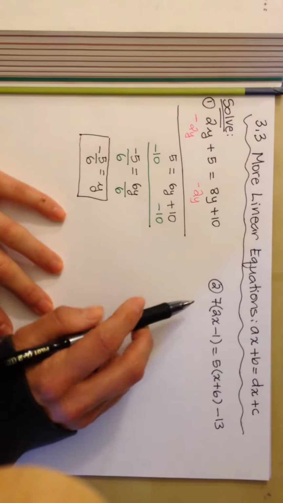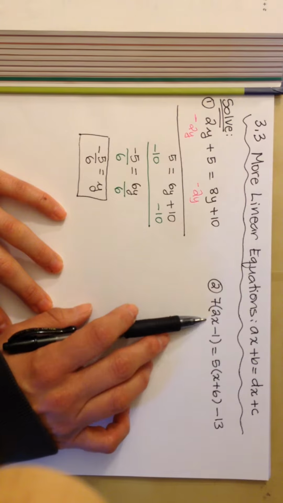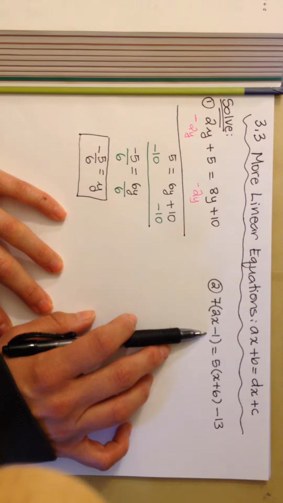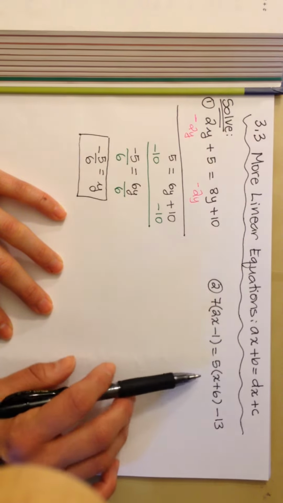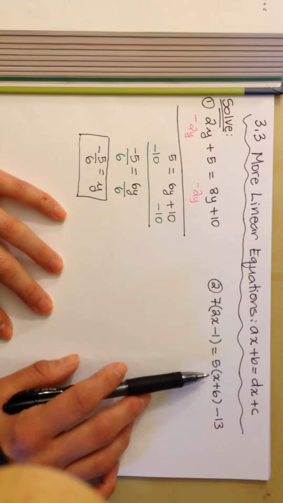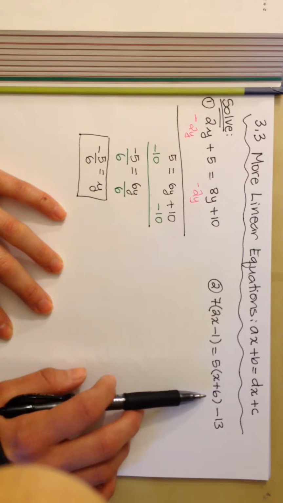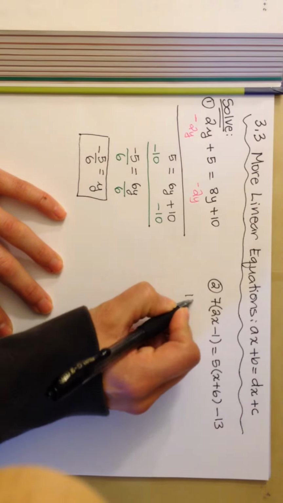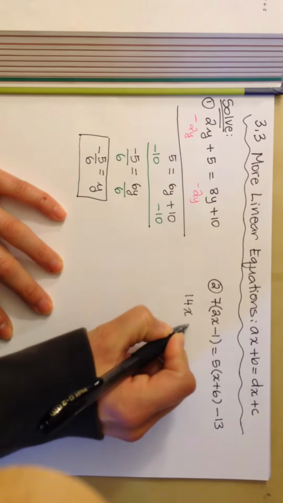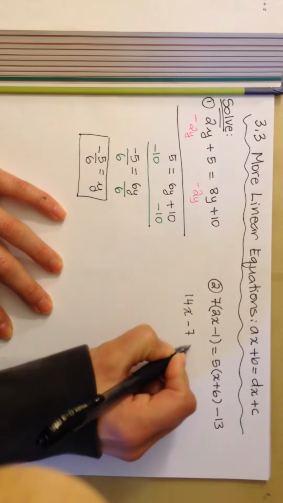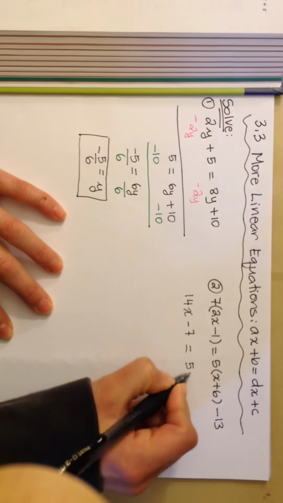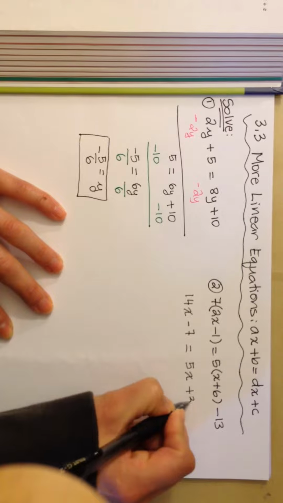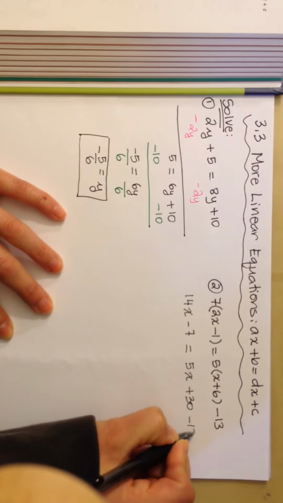And so when we do that, it's 7 times 2x and 7 times negative 1. And then we use the distributive property on the right side, 5 times x, 5 times 6. So let's begin. We have 14x minus 7 equal to 5x plus 30 minus 13.